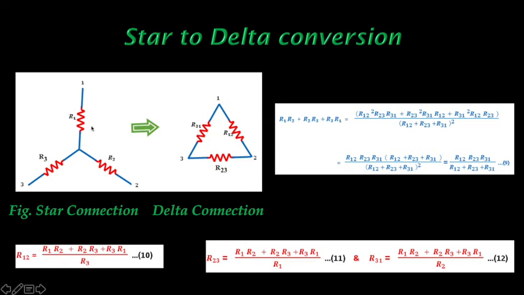So this is the transformation from star connected to delta connected. Always remember, to calculate R12, these adjacent resistances are multiplied, then these two, then these two, and the sum is divided by R3.